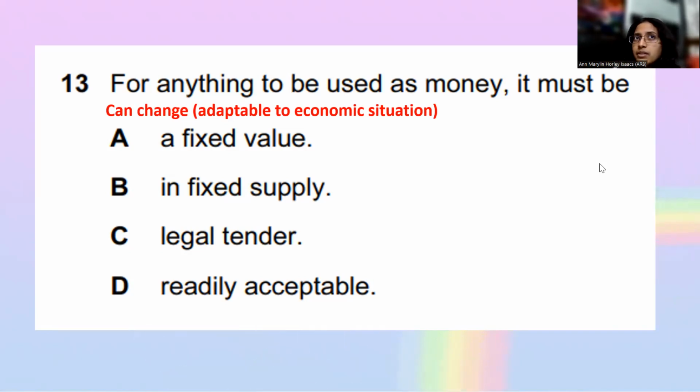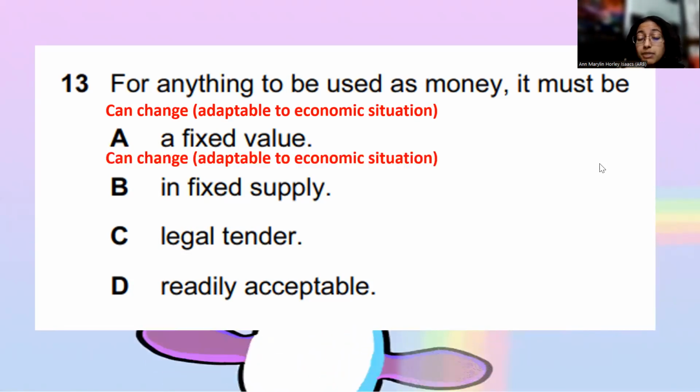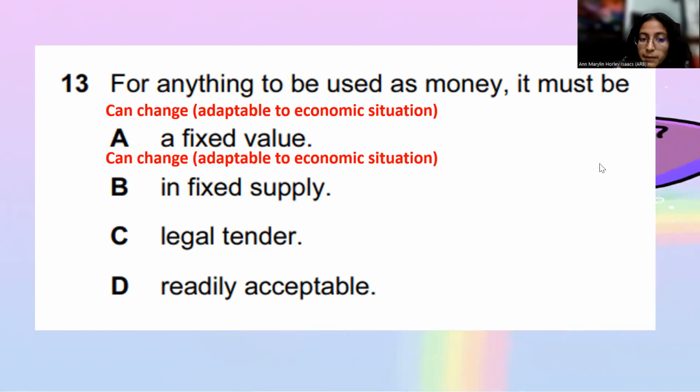If at all, money can be in fixed supply theoretically, if you think of it as accounting periods, so to speak, in a country, Q1, Q2, Q3, Q4, you may want to stick to as close as possible that particular supply in that particular time, maybe. Okay, but again, it's not a cardinal thing that must be fixed. It's not a matter of principle that supply must be fixed. Okay, and it should be adaptable.